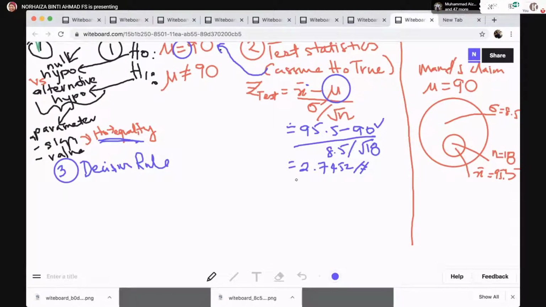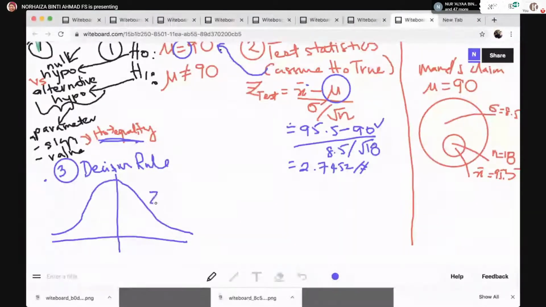So we are going to compare this value with the standard value on a standard Z distribution. So this is how we're going to check. Since you have a Z test, you're going to compare with a Z distribution.